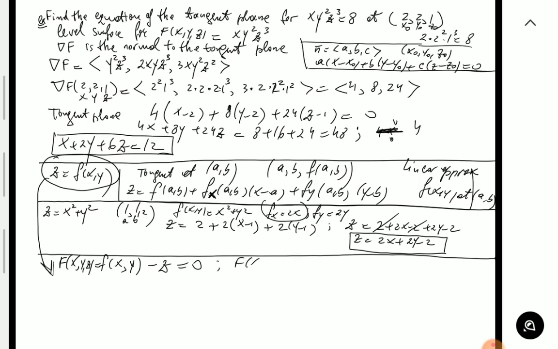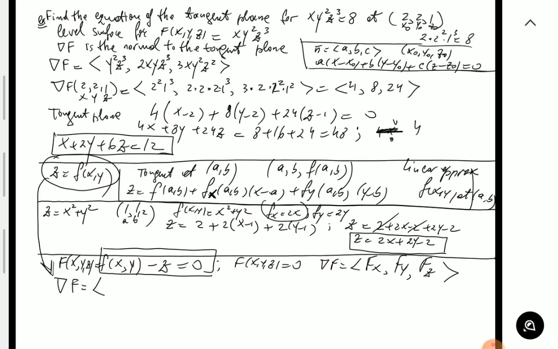So big F of x, y, z equals 0 is the same surface, but viewed as a level surface of a function of three variables. And notice that if I use the equation of the tangent plane for a level surface that we established in this section, I'm going to have to come up with the gradient of big F, which is big F partial x, big F partial y, big F partial z. But what does that mean in my particular case?